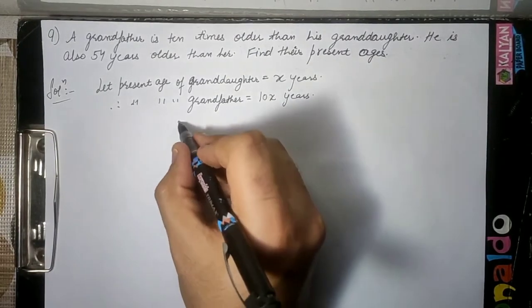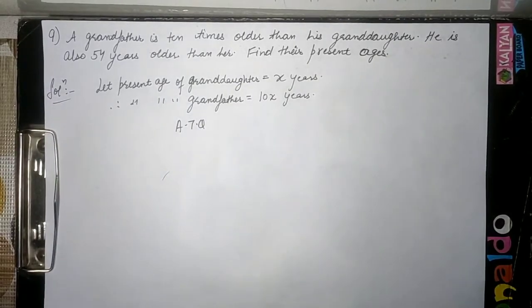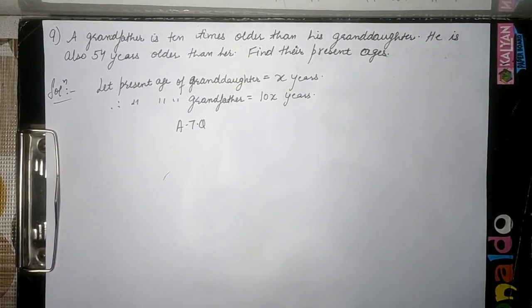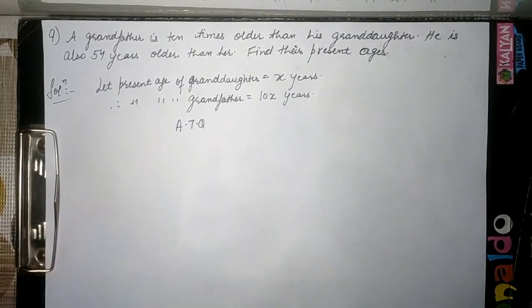Now according to the question, it is given that he is also 54 years older than her. So if we add 54 to the age of granddaughter, we will find the age of the grandfather.